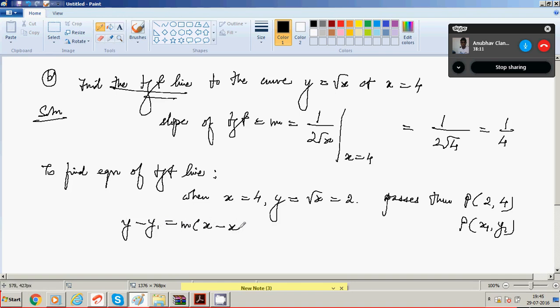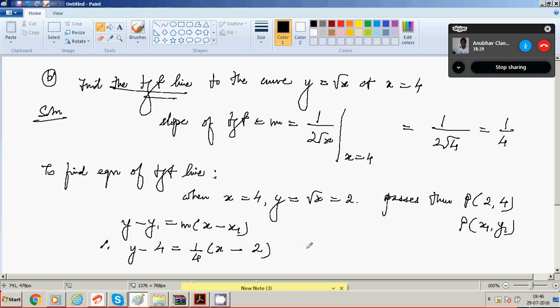Remember from our 10th standard days? Yes, sir. Therefore y minus 2 equals m, what is m? 1 by 4 times x minus 4. Just simplify it.